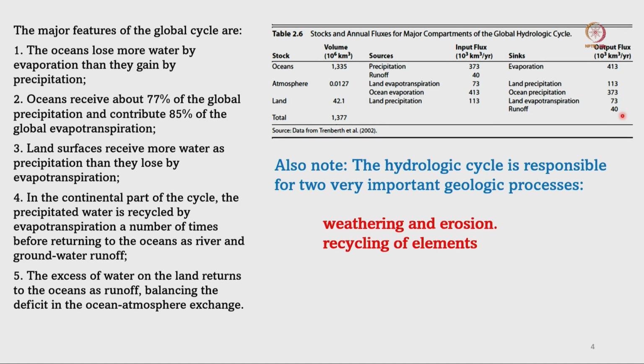And why am I talking about the hydrological cycle in an aquatic geochemistry course? This is because you will get to see the stocks, the volumes, and the fluxes. What do I mean by flux? Flux is the movement of any particular substance.